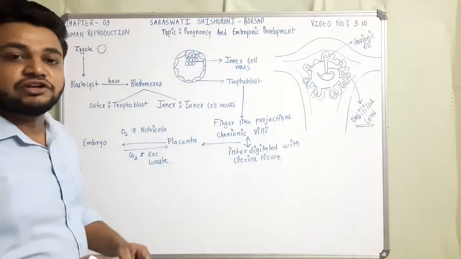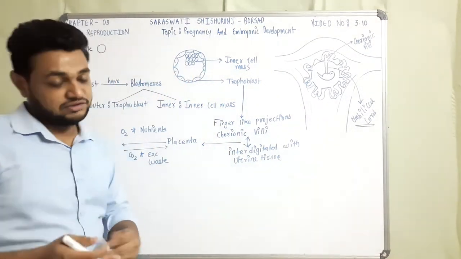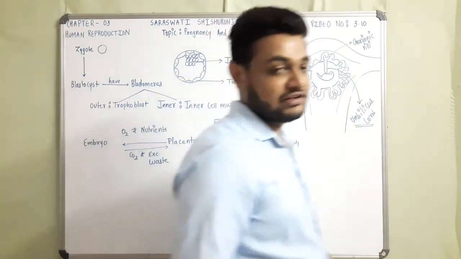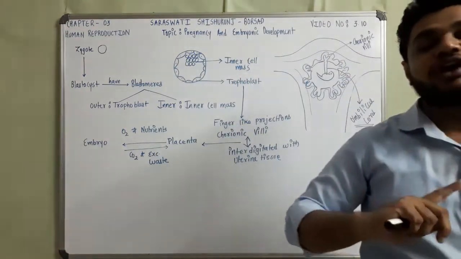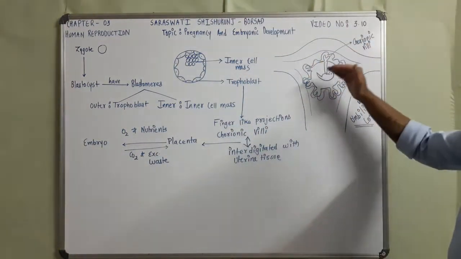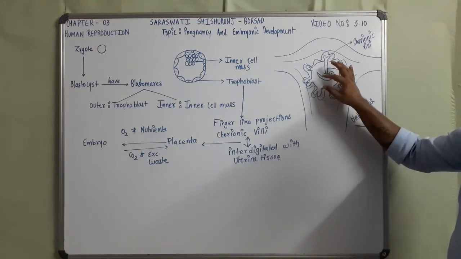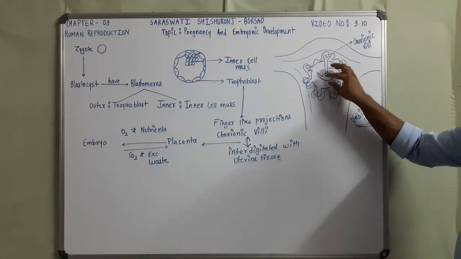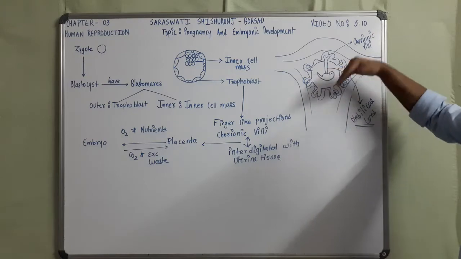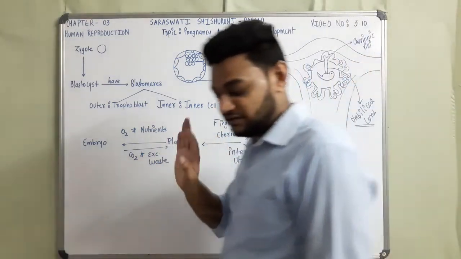It is not only from uterine tissue, it is also from the child, that is the trophoblastic layer. So it is to and fro from placenta to the developing embryo or inner cell mass, which is going to develop into the fetus, and then from fetus to the placenta.